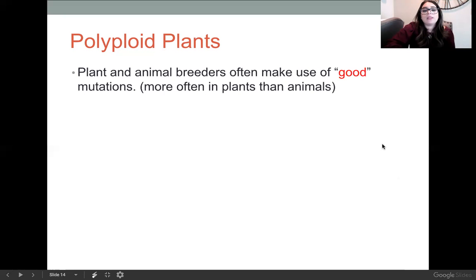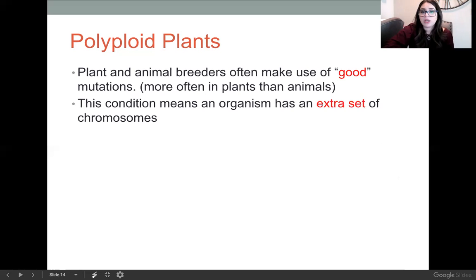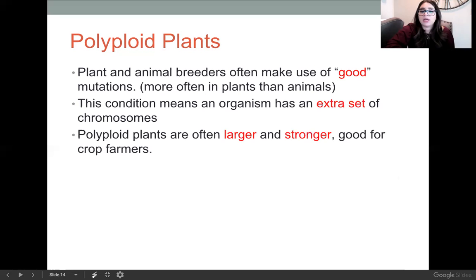So farmers and animal breeders are going to make use of these good mutations so that they can cross these organisms in their sexual reproduction and produce plants that are going to be bigger, larger, stronger, etc.